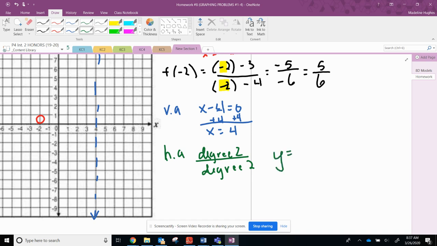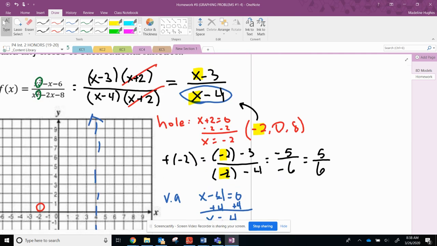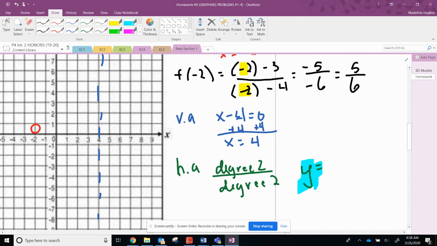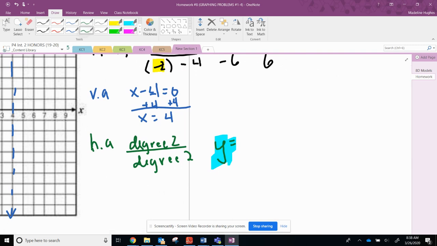That means the horizontal asymptote is y equals. Some of you need to make sure you put the y equals when you make your horizontal asymptote. Don't just put the number. And up here, I take the leading coefficients, which is a 1 in front of the x squared on top, and also a 1 in front of the x squared on the bottom. So it's going to be 1 over 1, y equals 1 over 1, which is just y equals 1.